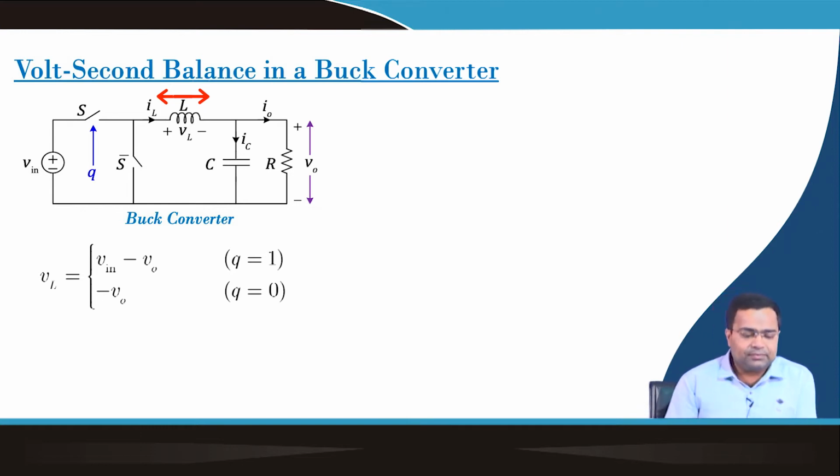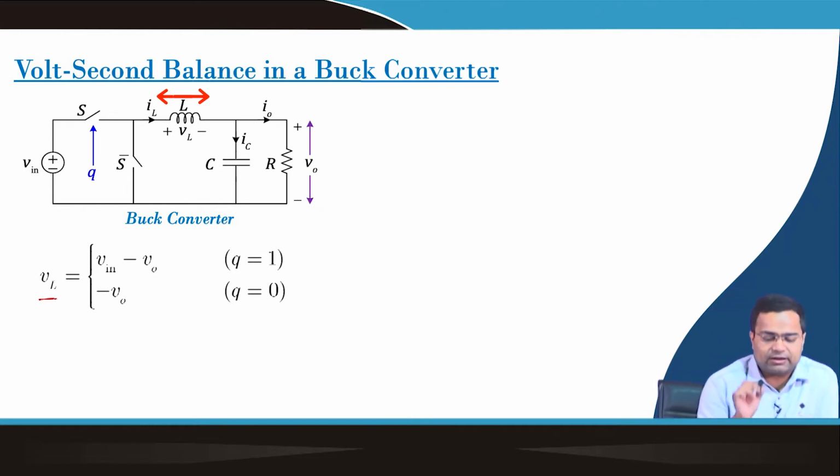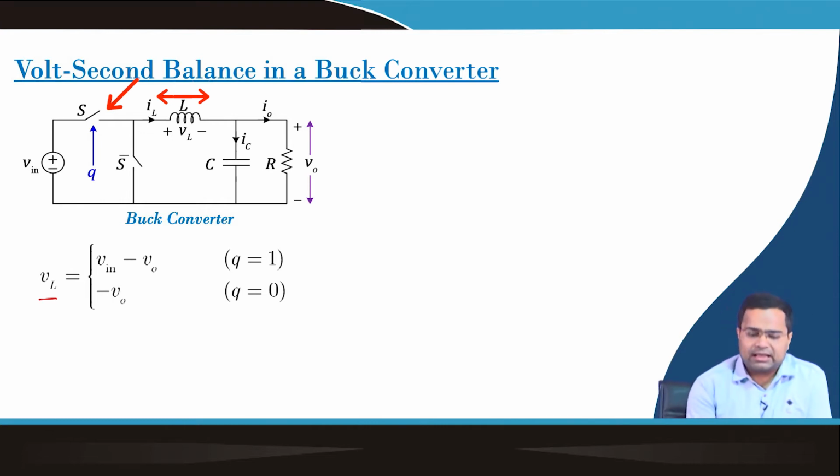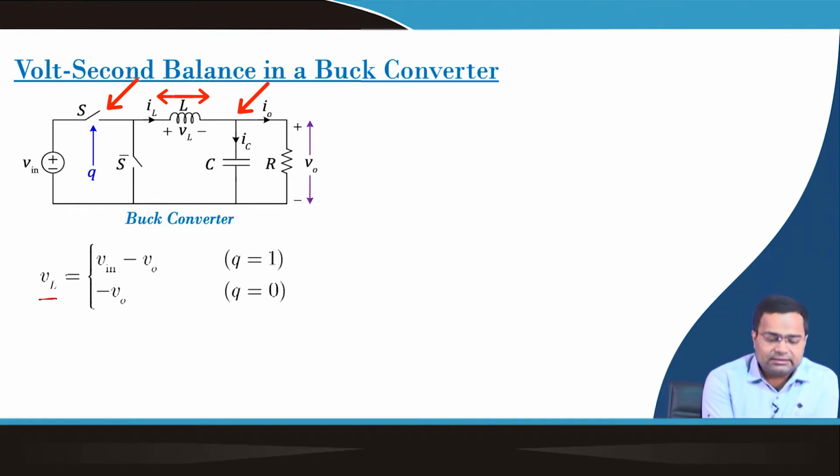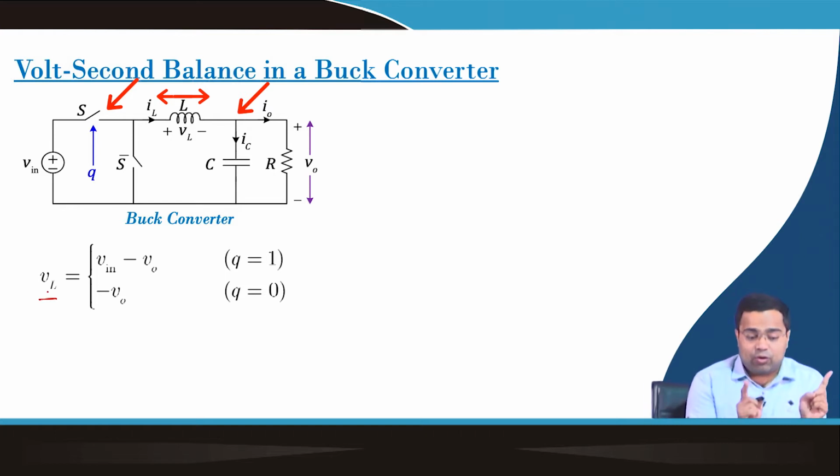For example, the VL for this buck converter is equal to input minus output voltage. So, the input voltage is the voltage across this terminal and the output voltage is the voltage across this terminal. So, we are talking about these two terminals. That means the voltage across the inductor is equal to input voltage minus V0.